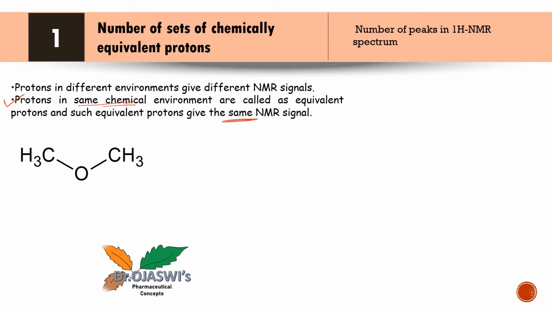Now we can see this carbon and this carbon, they both are attached to the same atom, and these three hydrogens and these three hydrogens are attached to these carbons. That means the chemical environment of these hydrogens is the same. That means for this particular structure, all 6 hydrogens will give a single peak.